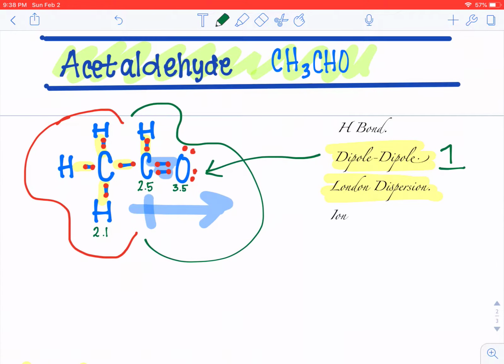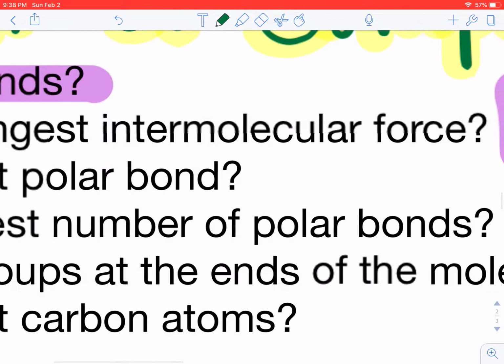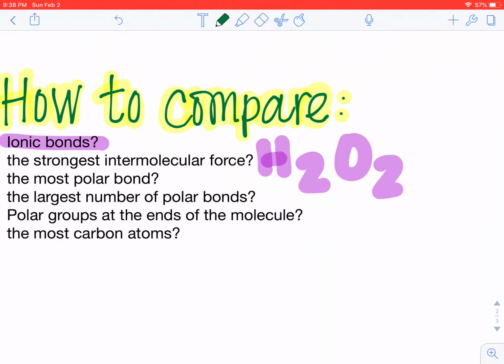So 1.4 at both of our hydrogen bonds. So even in the second category, the most polar bond, H2O2 is also our winner. If we don't have a clear winner, we can keep going until we find some breaking point where one molecule seems to win out over the other.